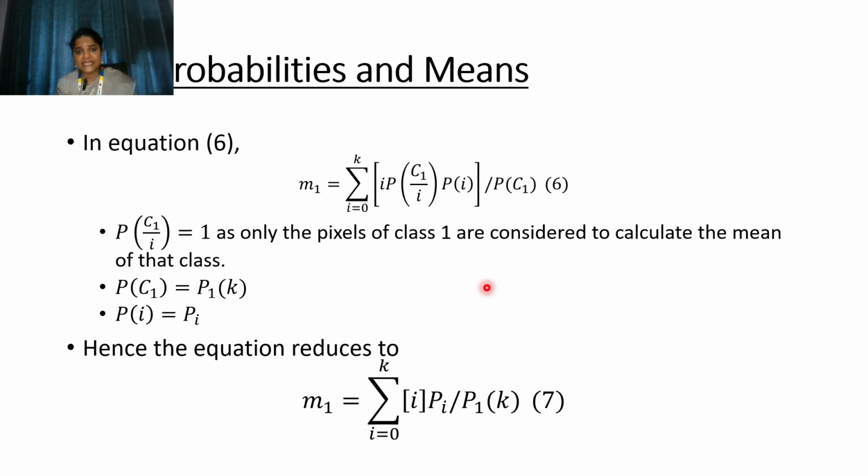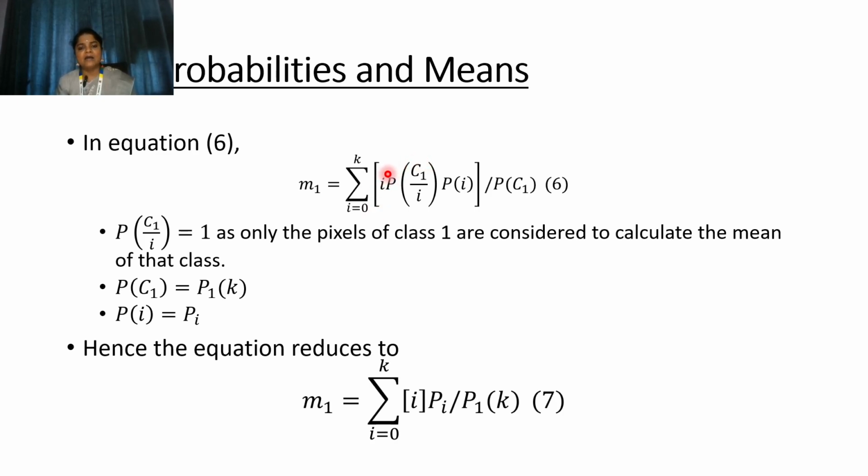Now, let us look at each of these factors. So, what is probability of C1 given I? Probability of C1 given I talks about the probability that it is class C1 given a pixel type. Okay. Since we are calculating the mean of class 1, all the pixels we are considering are going to belong to class 1.